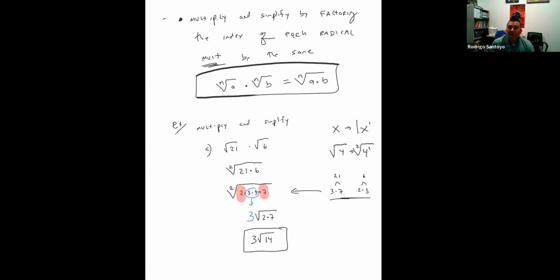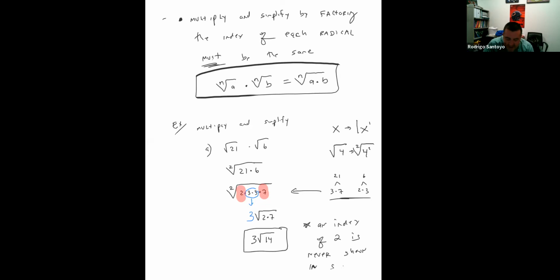Correct. An index of 2 is never shown in the answer. If it's more than 2, like the 4 in the other one, then you would show whatever it was.